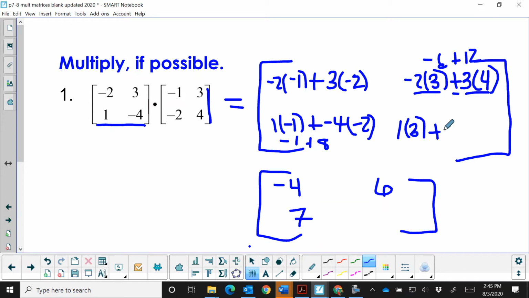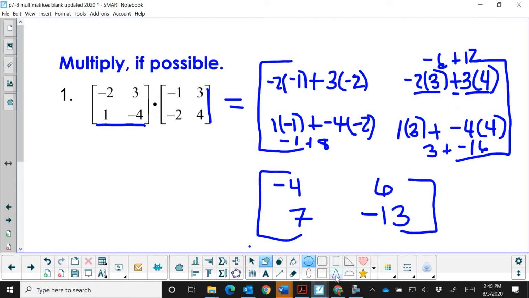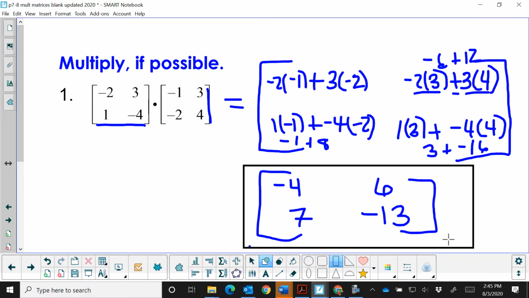And I'm going to add to it -4 times +4. And that's going to give me 3 plus -16, which is what, -13? And there is my solution. So let's box it up since that's our solution. There's our answer as we multiply the 2 by 2's together.